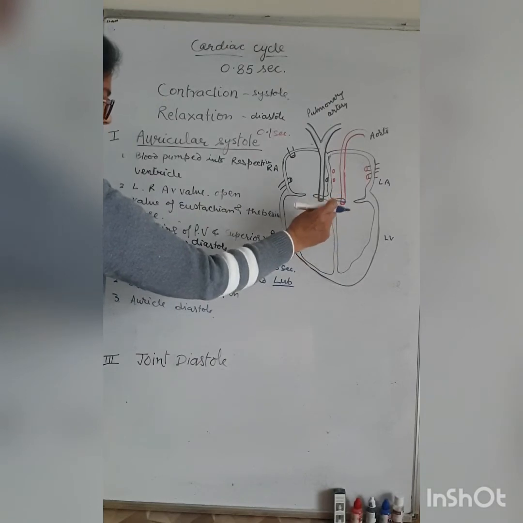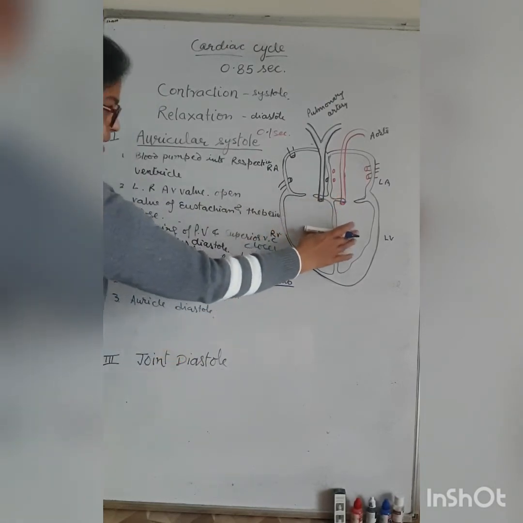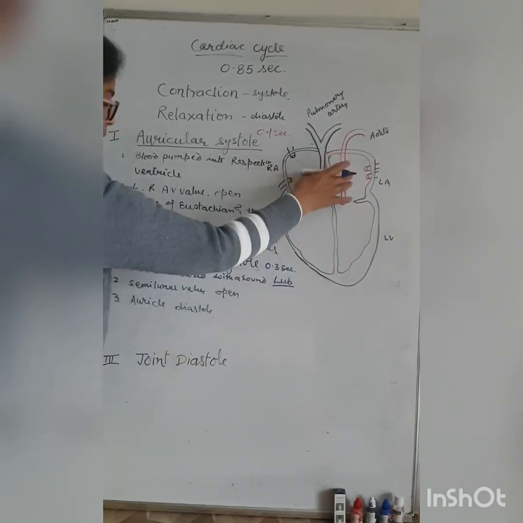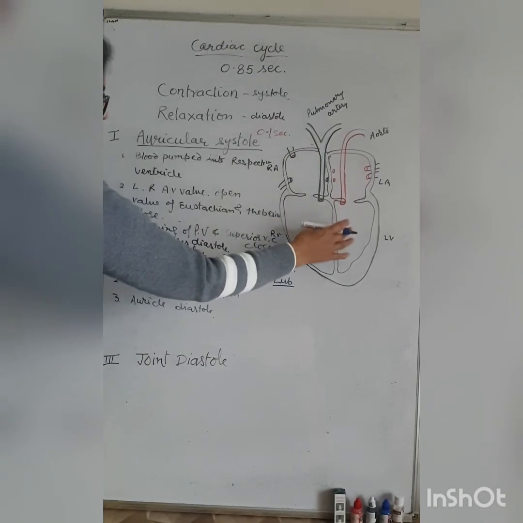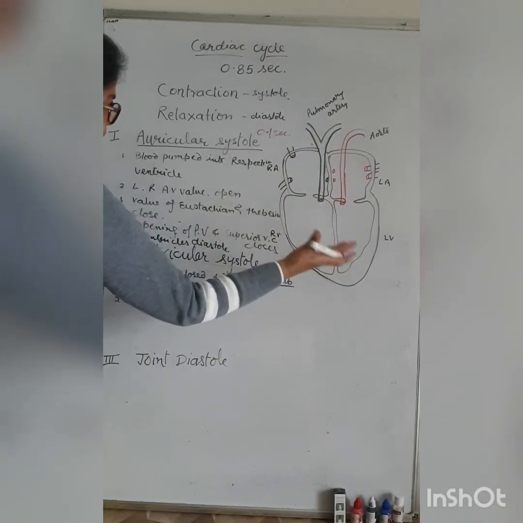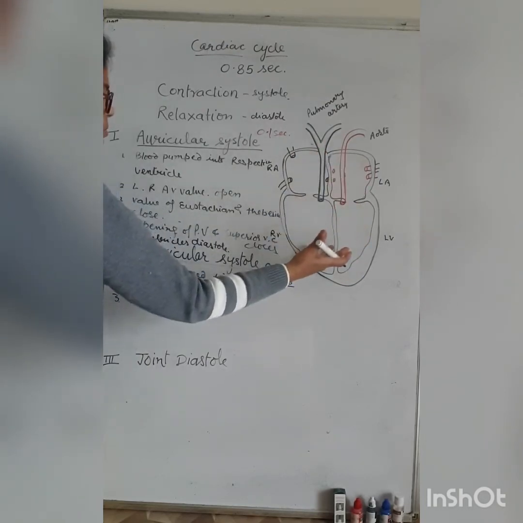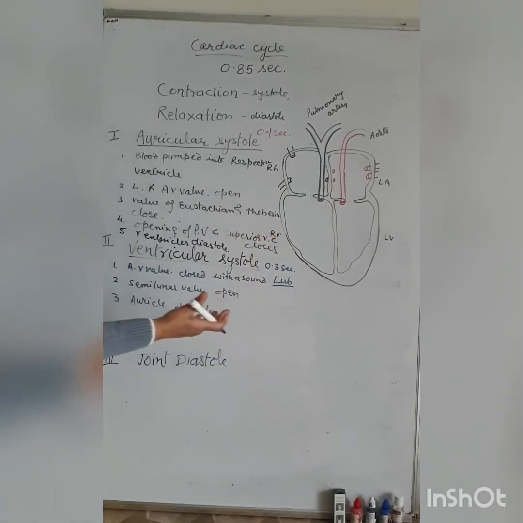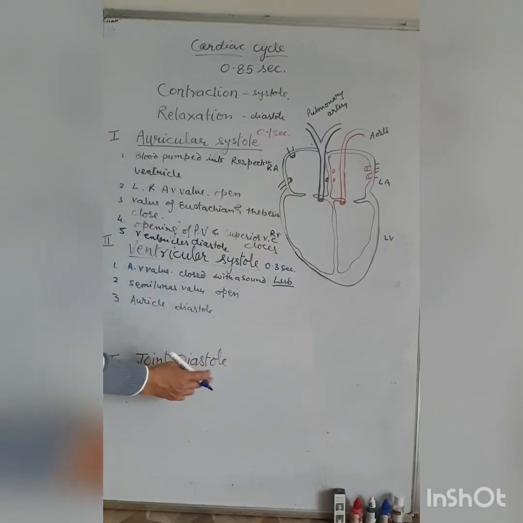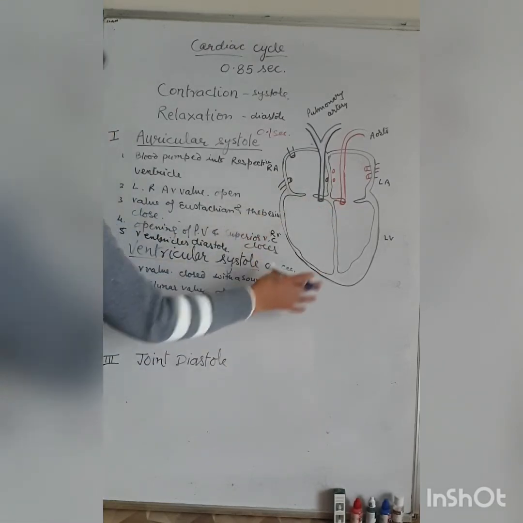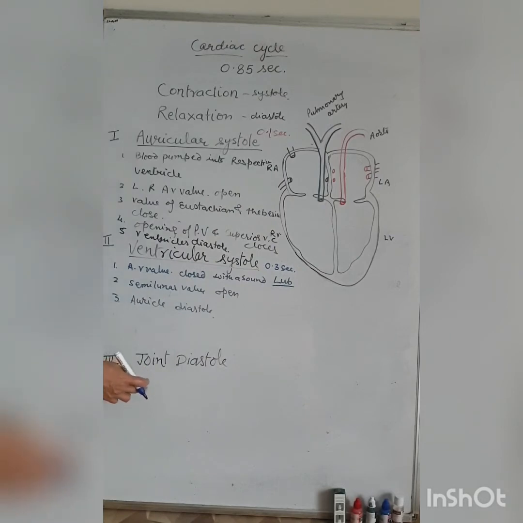Now the ventricle diastole is there, and auricle diastole is there. When the blood comes in here, it relaxes, and it is already relaxed, which means all the chambers are in relaxed condition. We call this event joint diastole, when all the chambers are relaxed. So the last event is joint diastole.